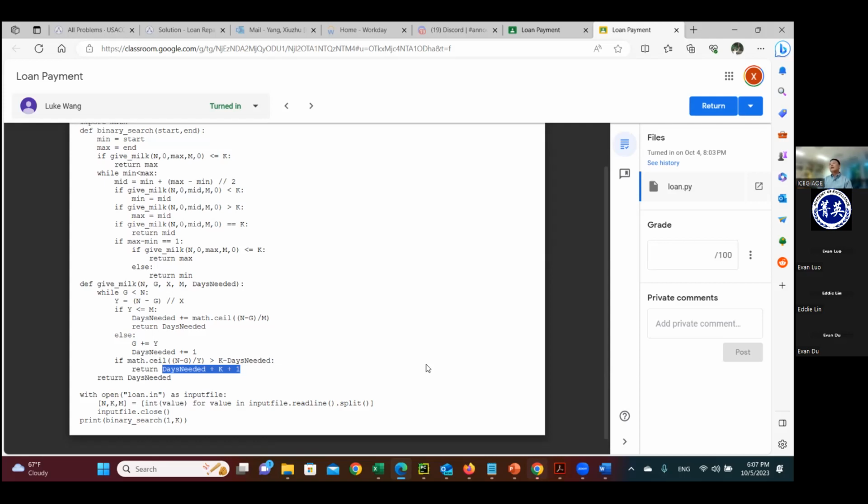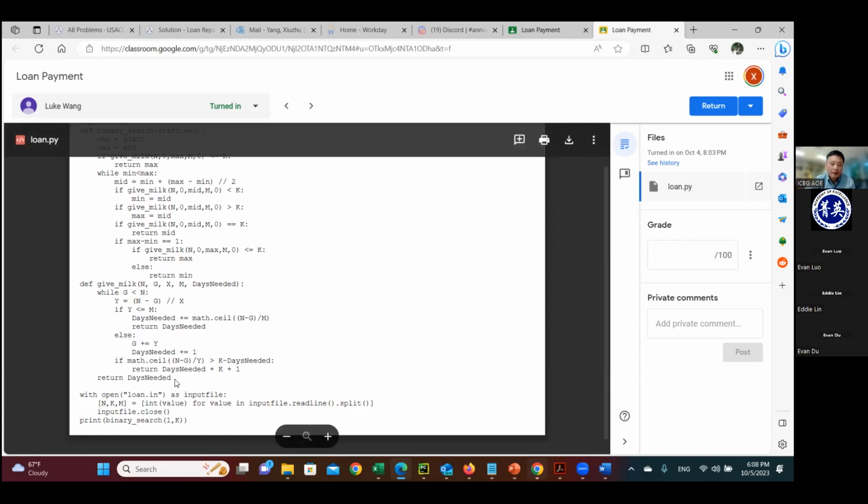Hmm. I did not get the logic. Let me think about this. Okay, so here you are trying to figure out how many days are needed to give the milk, is that the result, right? But this value, why is it the minimum?